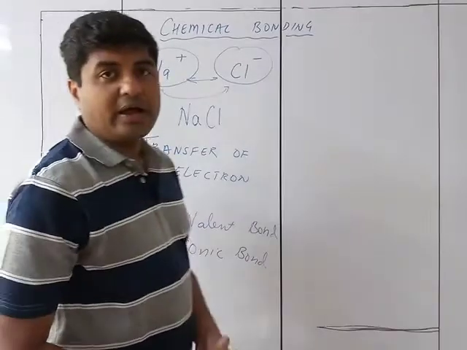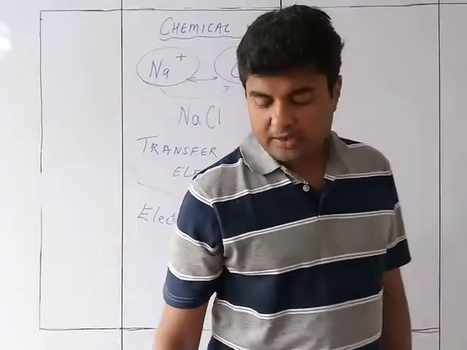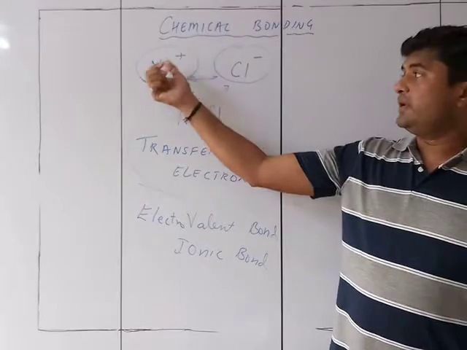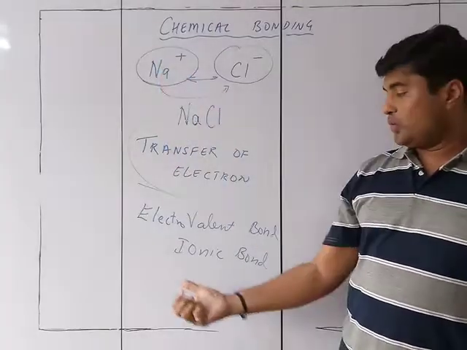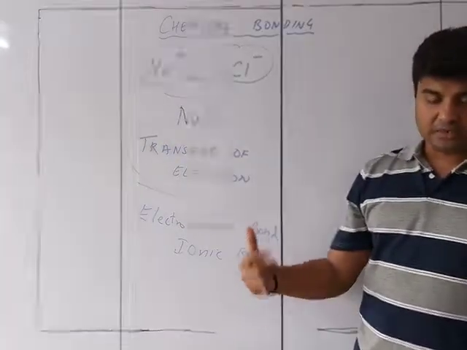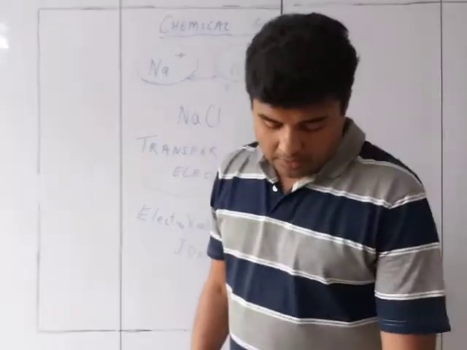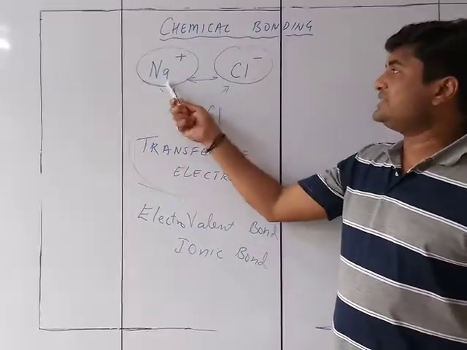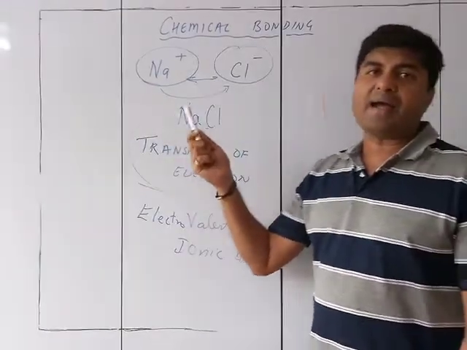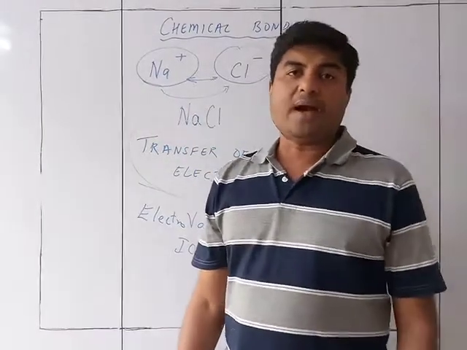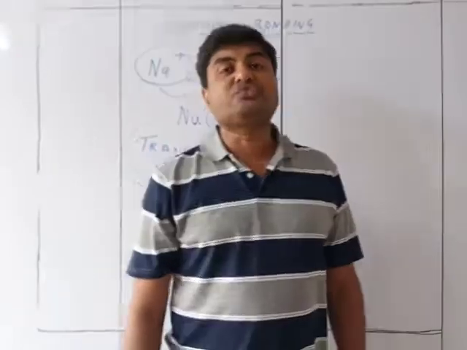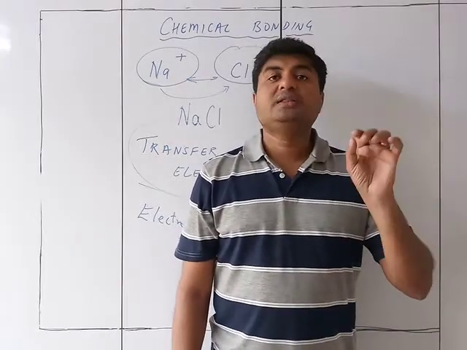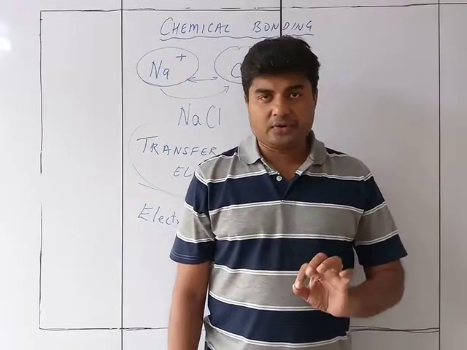Why electrovalent bond, ionic bond? Electrovalent because it has an electronic sign, a particular charge on it, so it is formed into an ion. So metals and non-metals combine to form electrovalent bonds by transfer of electrons. The metals lose electrons, the non-metals gain electrons.